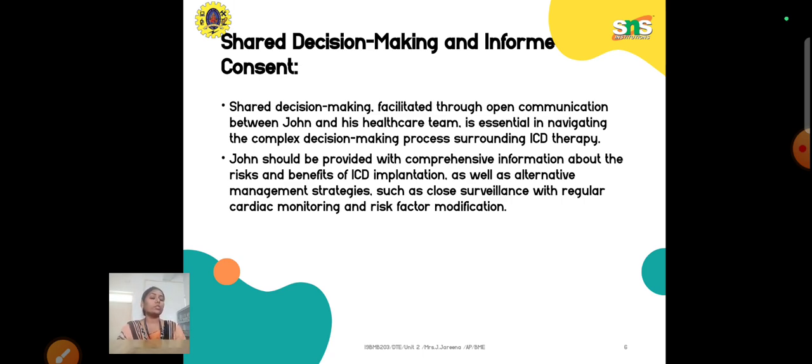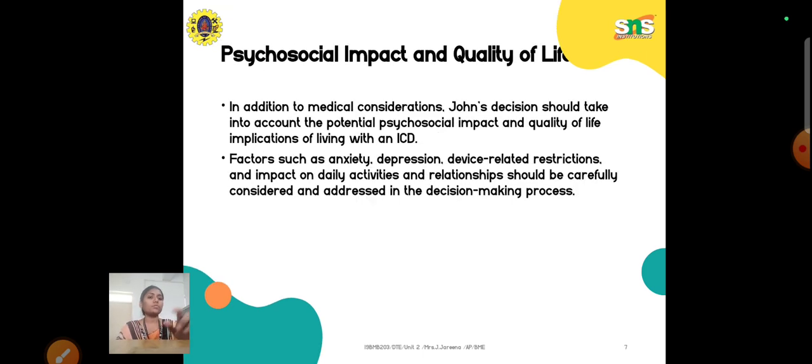They also have to support the decision making, so that the patient will have some clarity and make a very good decision. For that, the healthcare providers again have to provide comprehensive information about the risks and benefits of ICD implantation, and also give some alternative management strategies such as close surveillance with regular cardiac monitoring and risk factor modification.